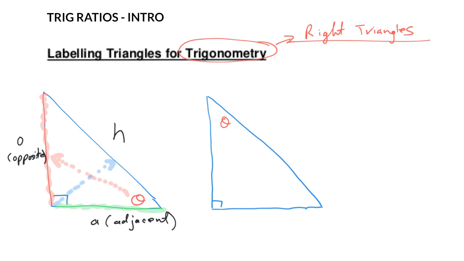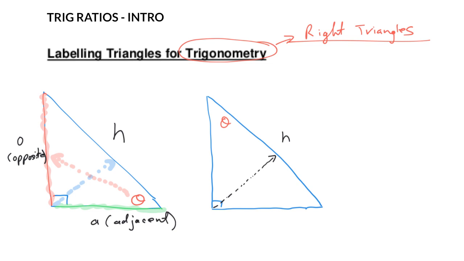Now, sometimes you have triangles that are in different orientations like this, okay? So if my angle is in the top corner, right, we can still use the concept that our hypotenuse is directly across from the right corner of our triangle. We're going to call that H, right?